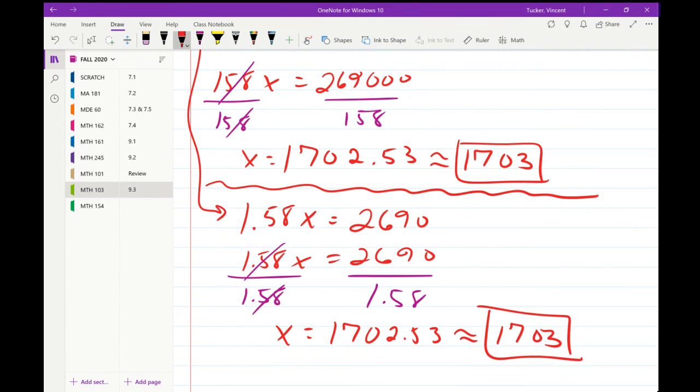So it doesn't matter which method you use, you'll still get your 1703. Just have to make sure you do it properly. Make sure you assign which piece goes to which. All right, questions before we do another one?